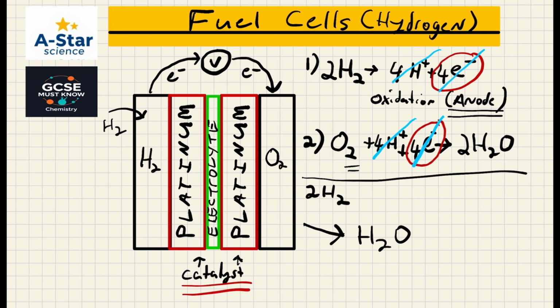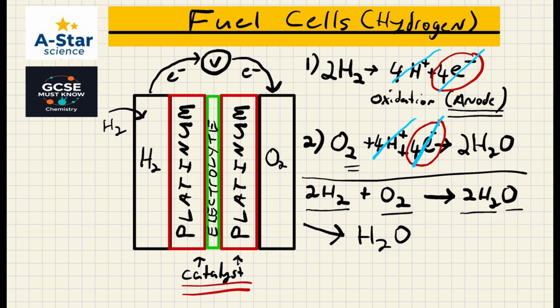2H2 plus O2 yields 2H2O. And we can see that all of our species are balanced: 4 hydrogens, 2 oxygens, 4 hydrogens, and 2 oxygens. This is the process that you need to understand for fuel cells for GCSE.